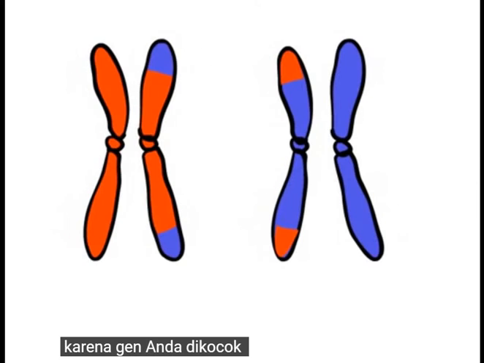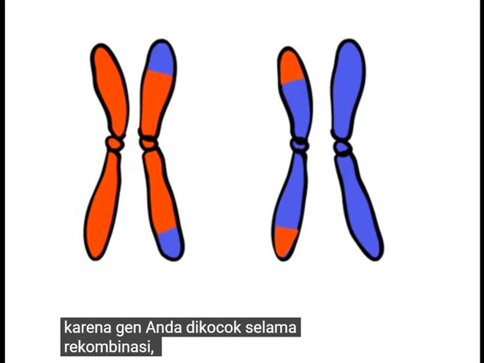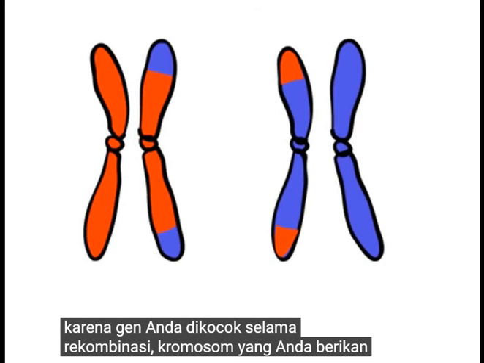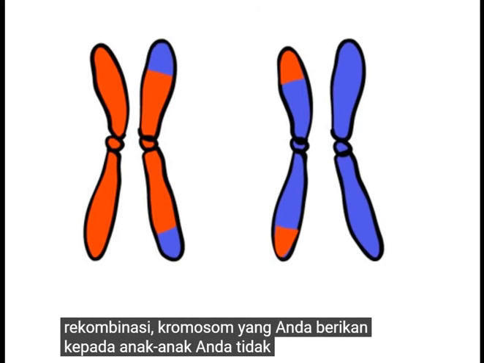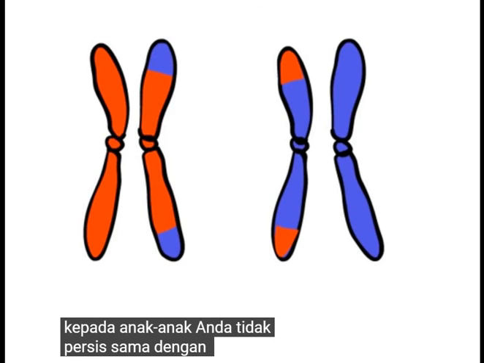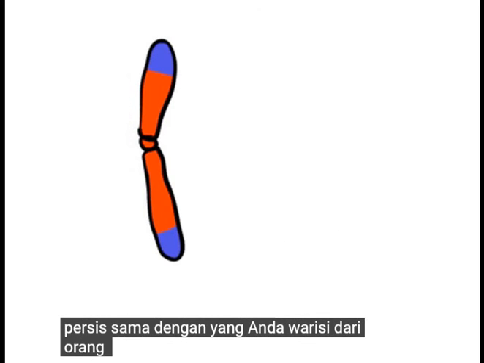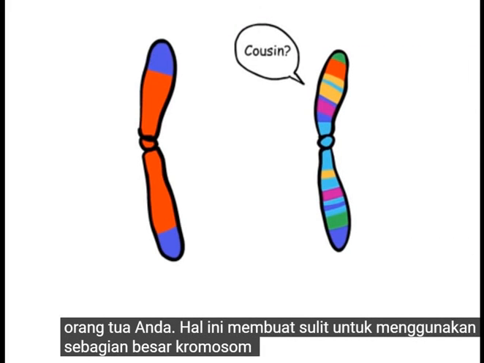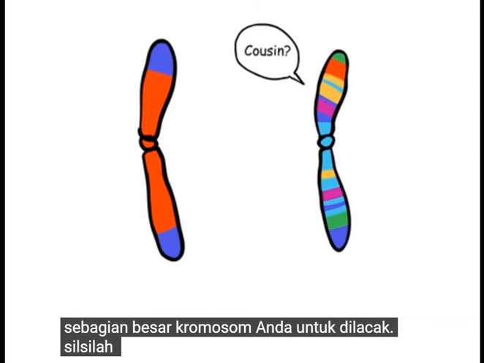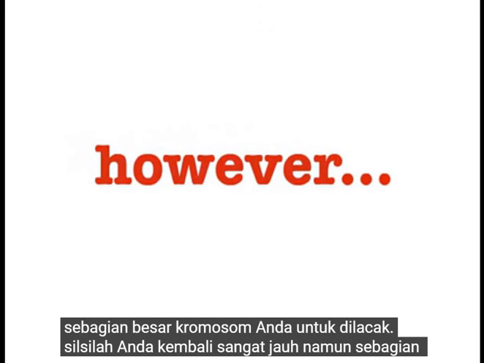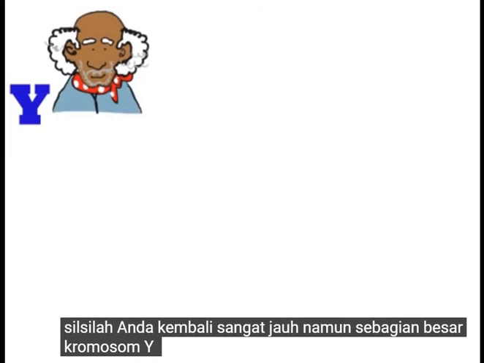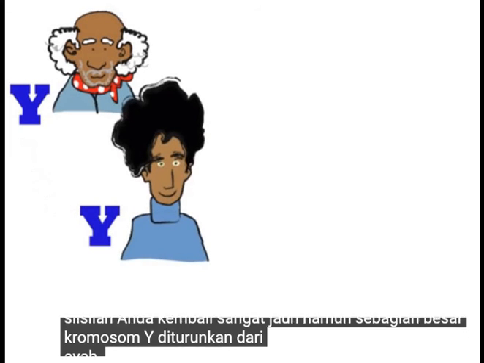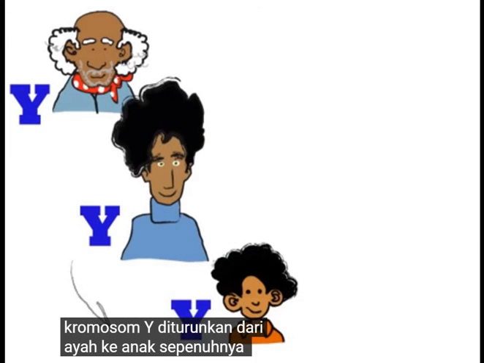Because your genes get shuffled during recombination, the chromosomes you pass along to your children are not exactly the same as the ones you inherited from your parents. This makes it hard to use most of your chromosomes to trace your genealogy back very far. However, most of the Y chromosome is handed down from father to son entirely intact.